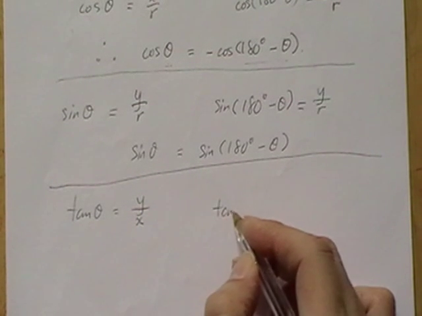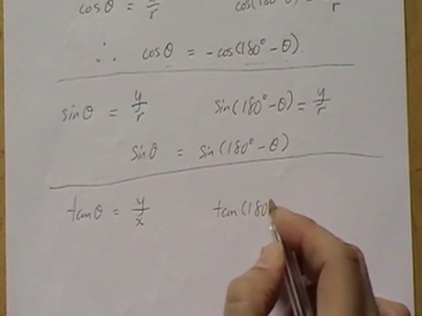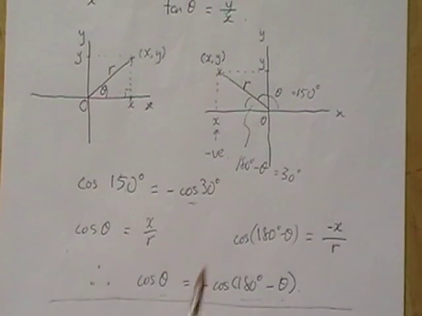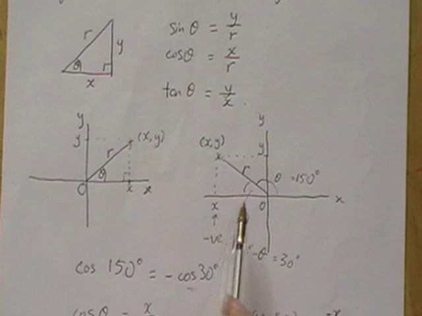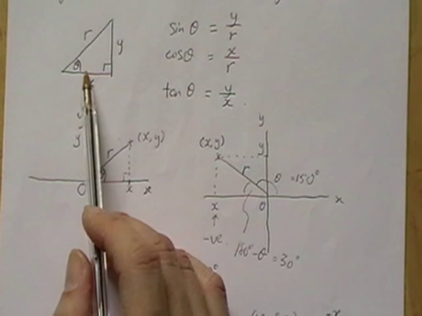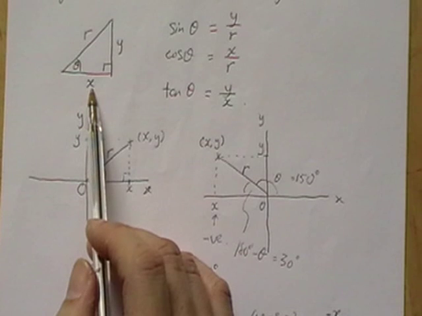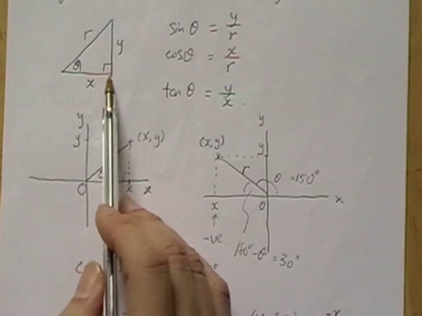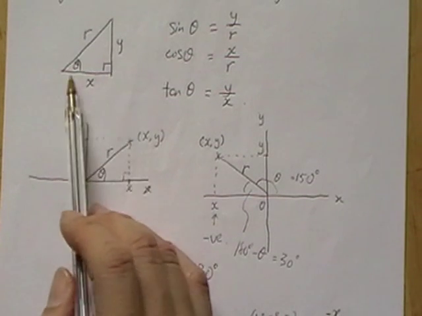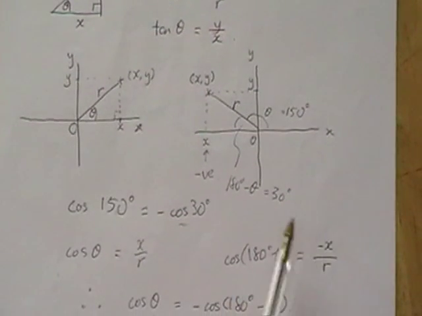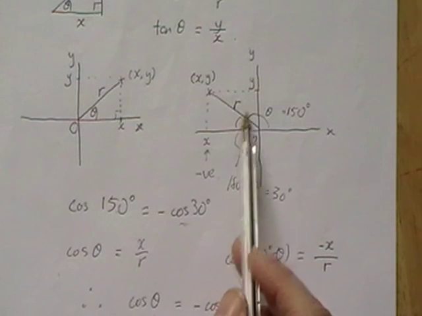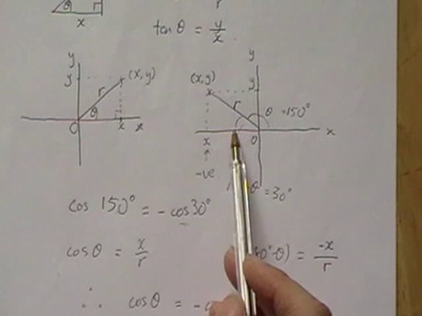So now I want to find tangent of 180 degrees minus theta. So let's look at this picture. Now we know from the original definition that tangent is opposite over adjacent, right? The ratio of those two sides. So now if we want to look at 180 degrees minus theta, we're looking at this acute angle.